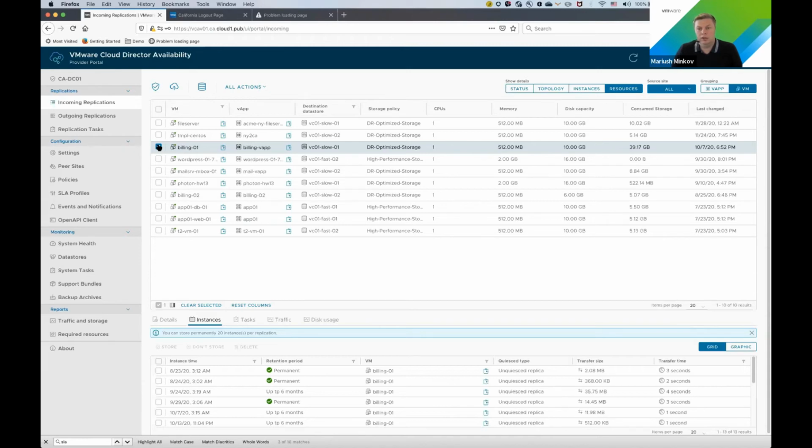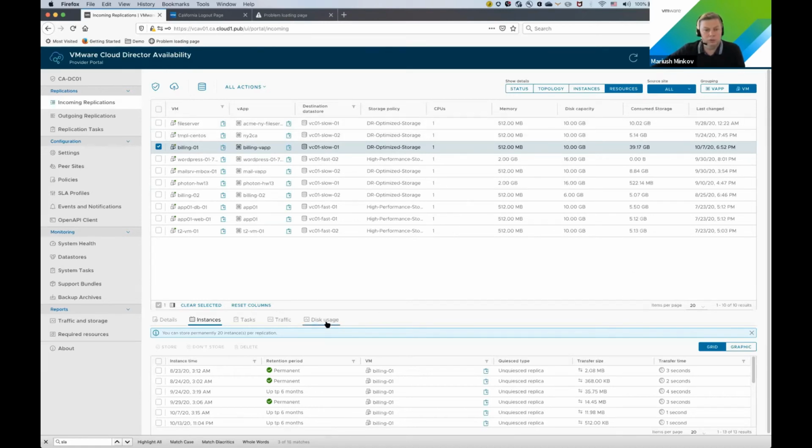Okay. And actually, this amount of consumed storage is something that we have really made an effort to expose in the system in a very transparent way. This is only one of the ways to look at it.